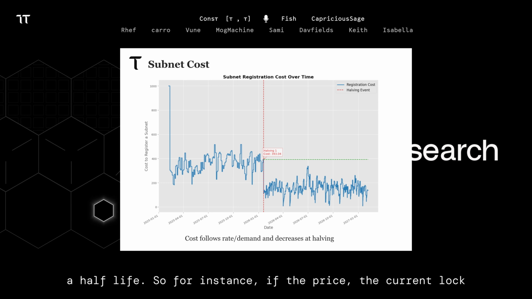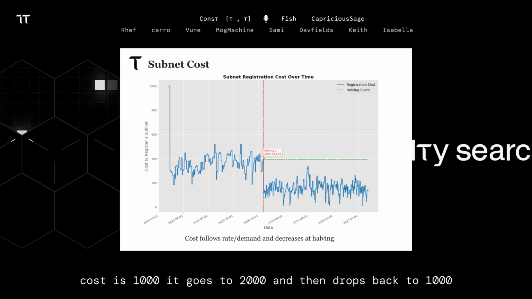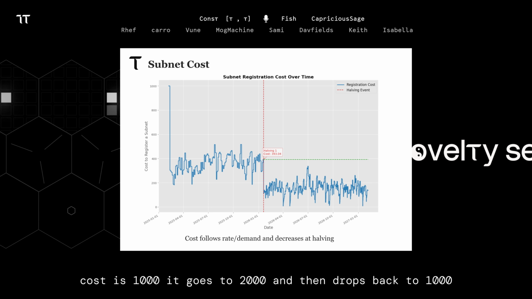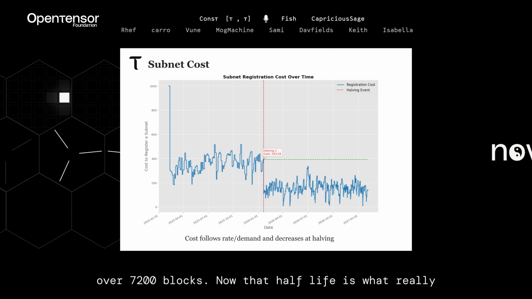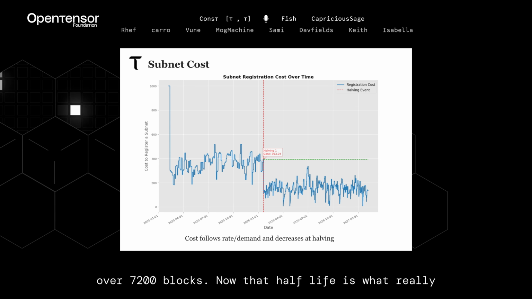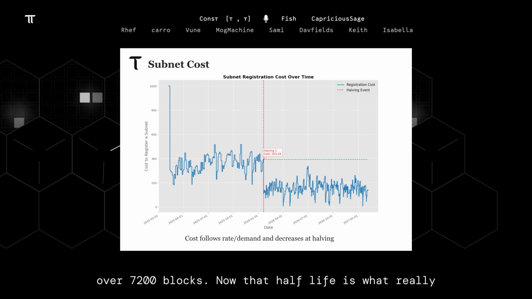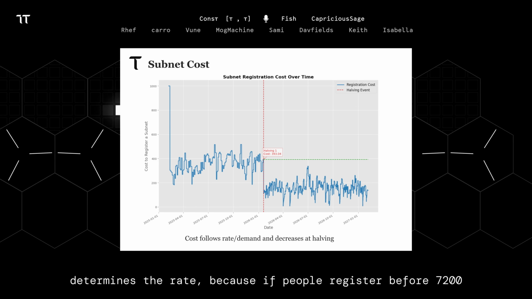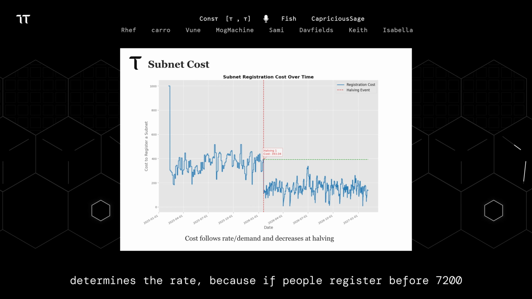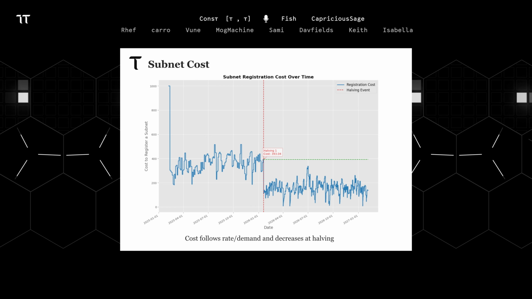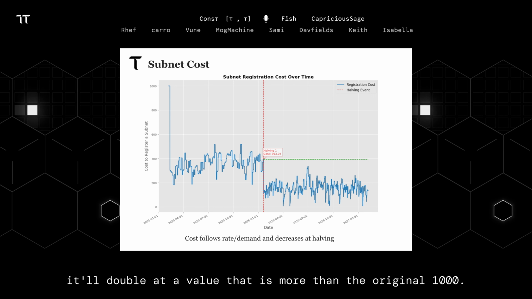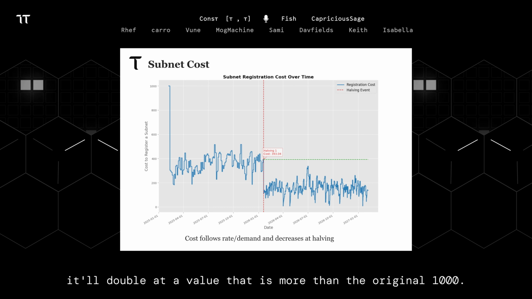So for instance, if the current lock cost is 1,000, it goes to 2,000, and then drops back to 1,000 over 7,200 blocks. Now, that half-life is what really determines the rate, because if people register before 7,200, it'll double at a value that is more than the original 1,000.